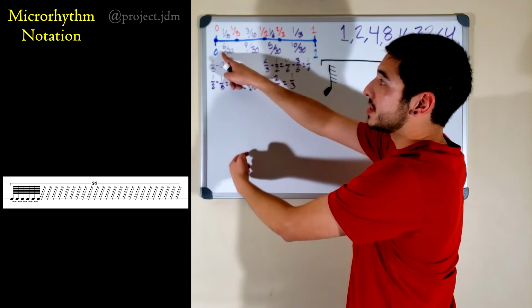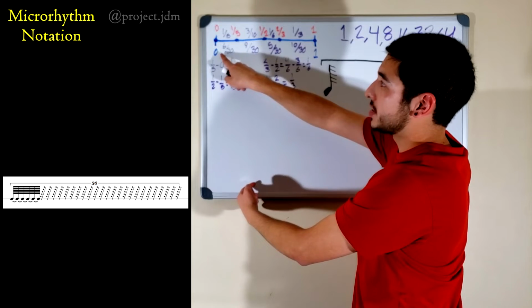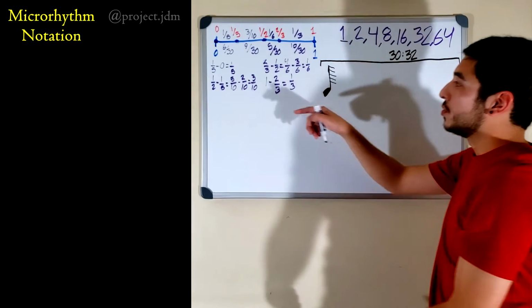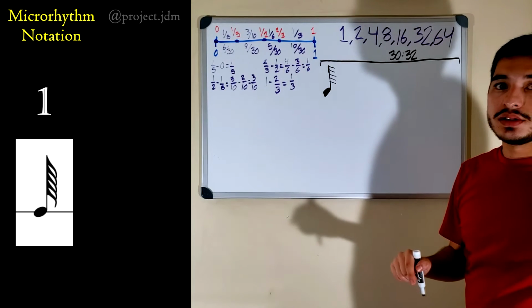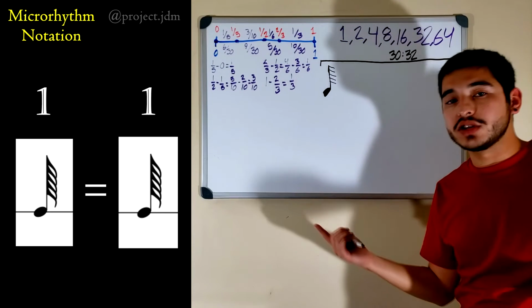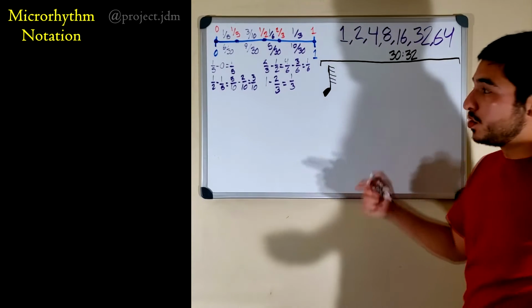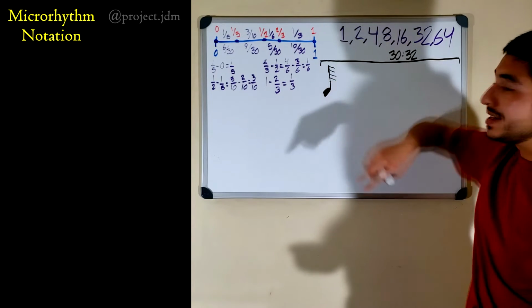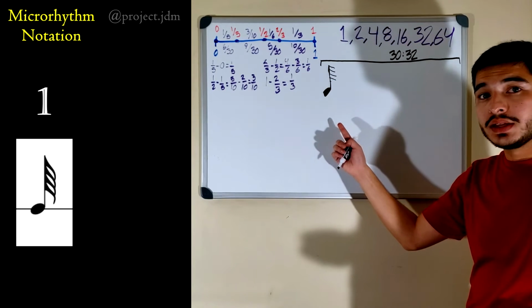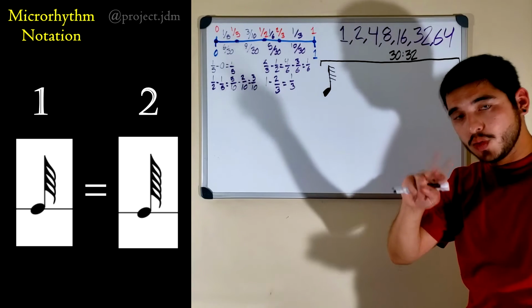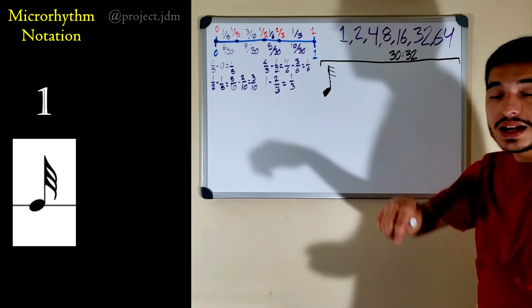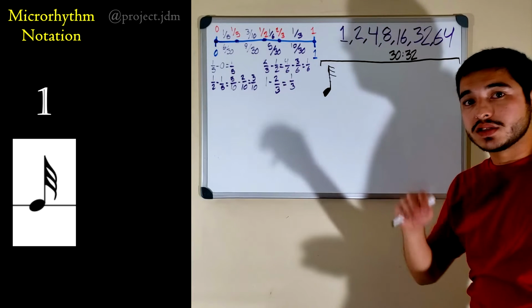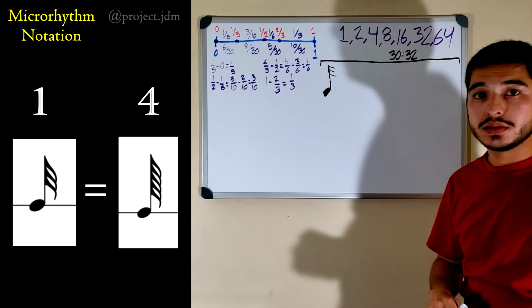We need the space of 6 128th notes as it stands. So we know that this 128th note takes up the space of 1 128th note, right? Which means that this 64th note takes up the space of 2 128th notes, or that this 32nd note takes up the space of 4 128th notes.